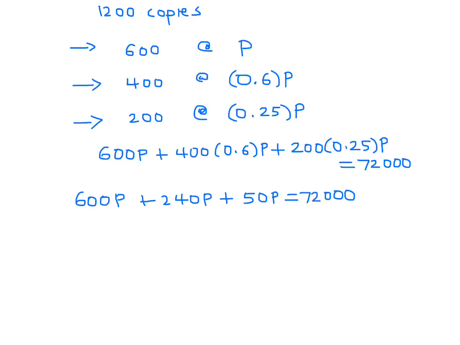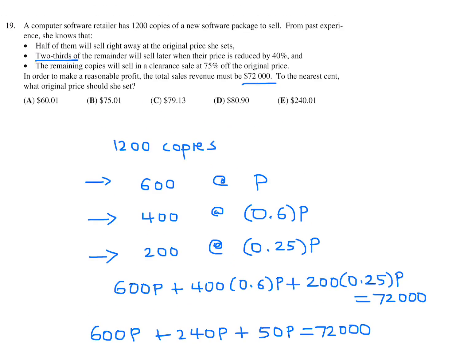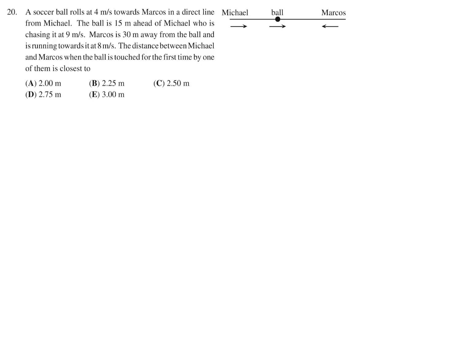And this looks like 890p is equal to 72,000. And therefore P, if you do the division here, is 80.89 approximately. D is the closest. So number 19, the answer is D.